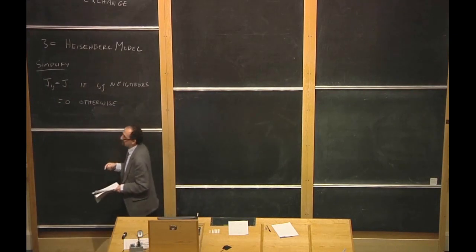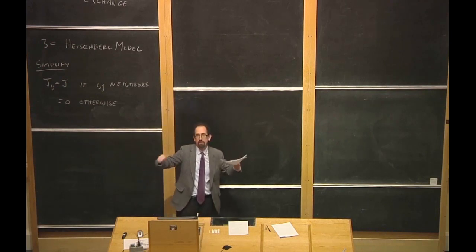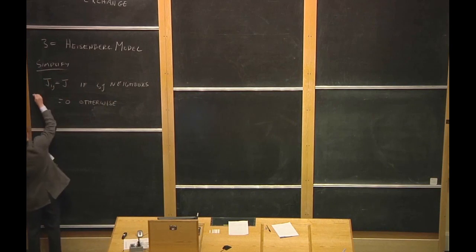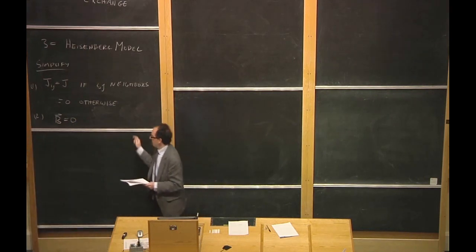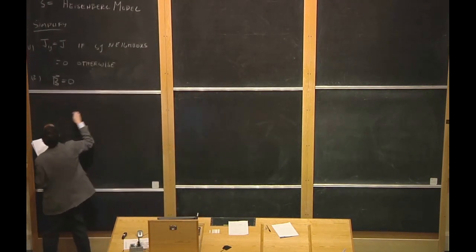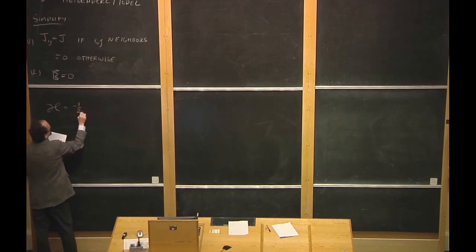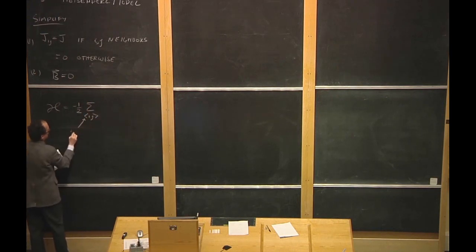It's a fairly good approximation that spins on atoms that are close to each other see each other, and if they're farther from each other, they don't see each other. This is simplification 1. And simplification 2 is, for now, we're going to set the external magnetic field to 0, and we may put it back in later. So our Hamiltonian now takes the form H is minus 1/2 sum over ij, and I'll write it like this. This notation means i and j are neighbors.